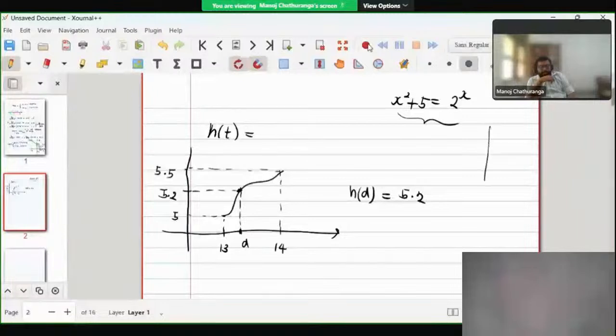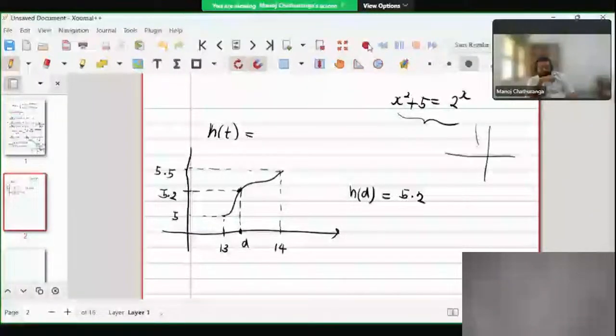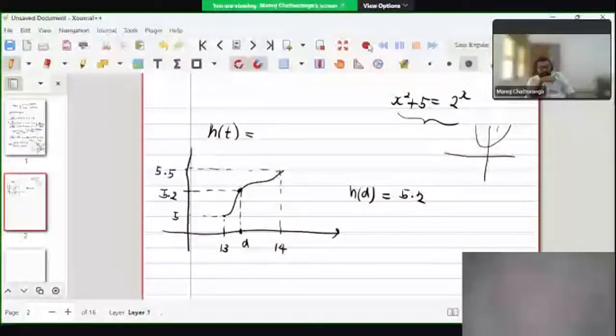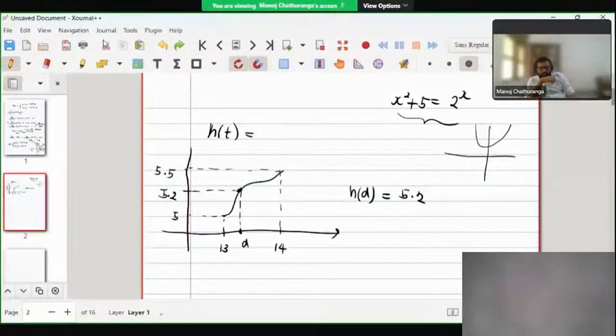The only thing we can do is draw their graphs and see. The parabola looks something like this.